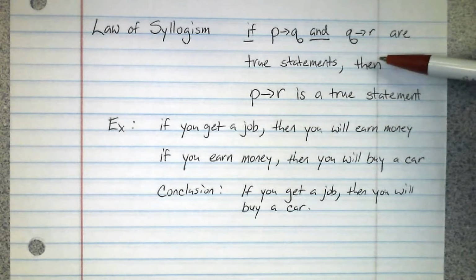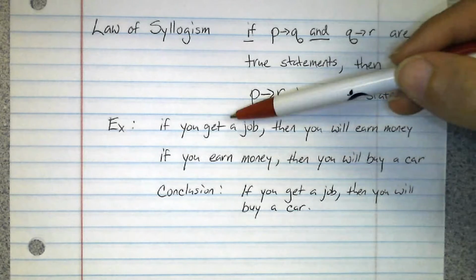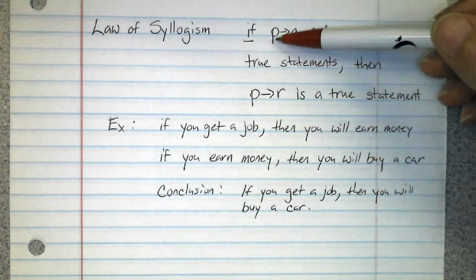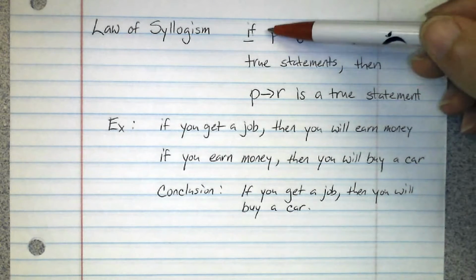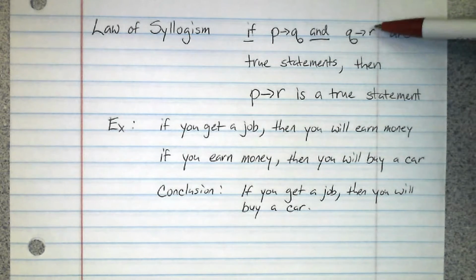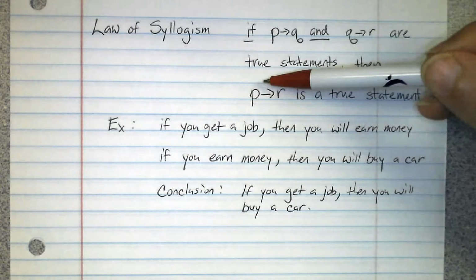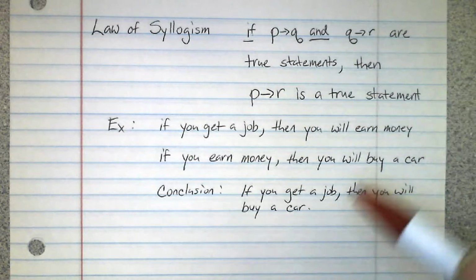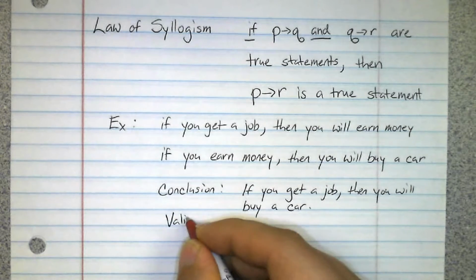And this is valid because it satisfies the rules. If this is true and this is true, then we can take the hypothesis from the first statement and the conclusion from the second and form a new if-then statement that is true. So this would be a valid conclusion.